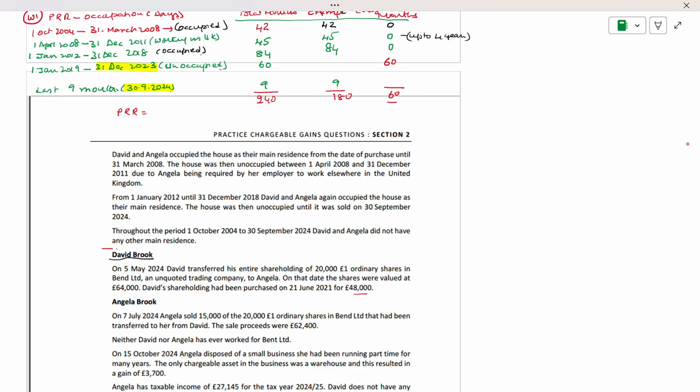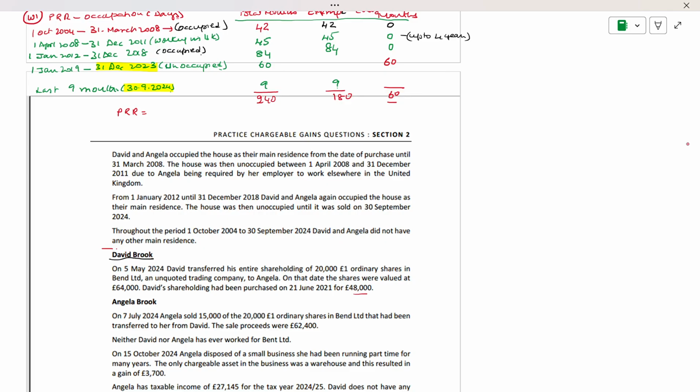The cost is 48,000, sold at 64,000, and the cost will be deducted. But we have to take the initial cost, not the value of that day.